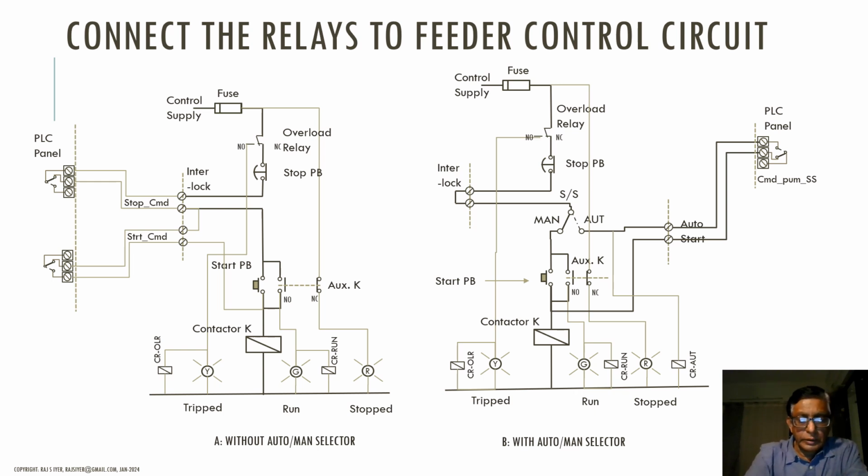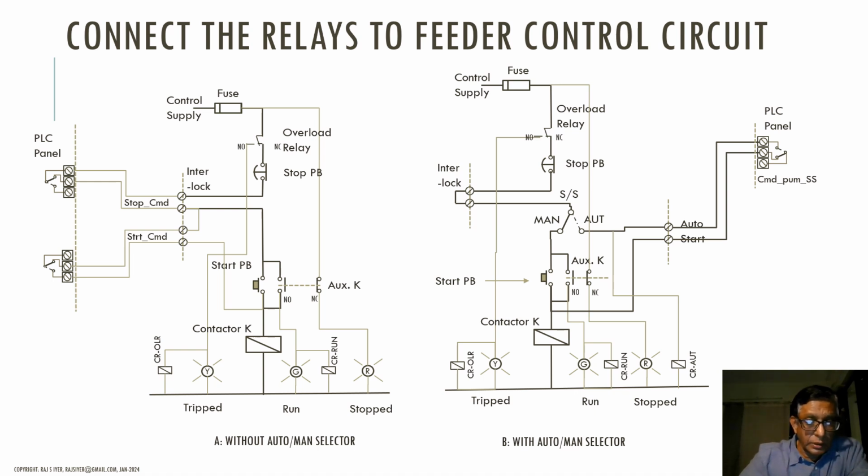The mechanism is the same as before. Now, for deriving the input signals of the PLC, it is common practice to wire the three relays as shown here. For example, this CROLR, which detects the overload trip signal, is shown wired in parallel with the yellow indicating lamp.